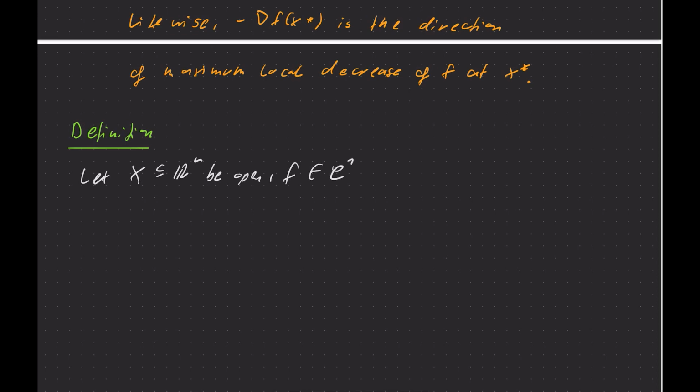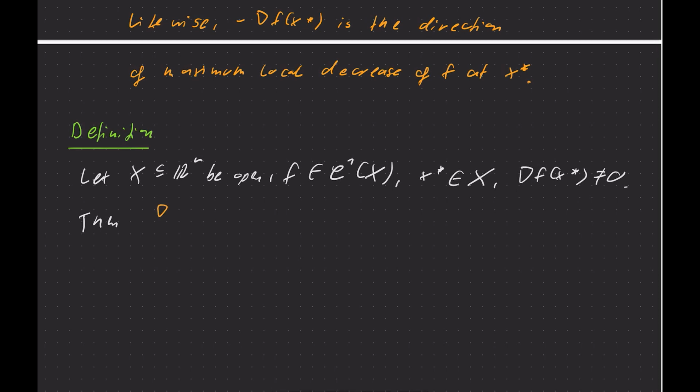Let f be in C1 on x, so continuously differentiable on x, and x star a point in x. And of course, we also assume that the gradient is not 0 at x star. Otherwise, we cannot divide by the norm of the gradient, because that would then be 0 as well. Okay, and then we define those two directions.